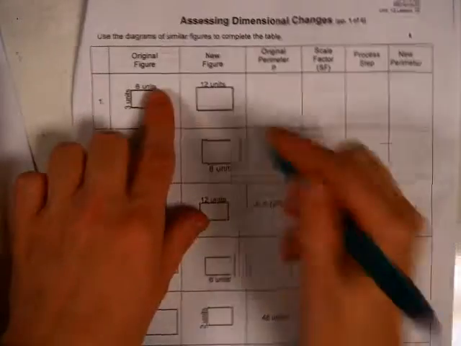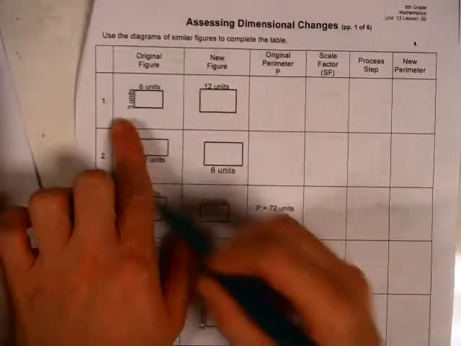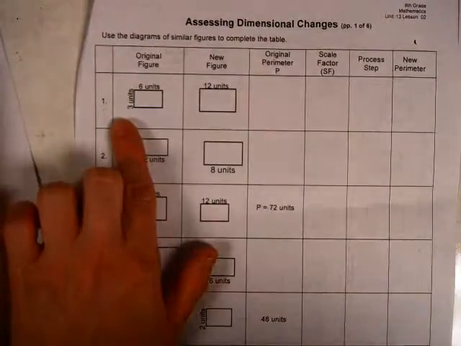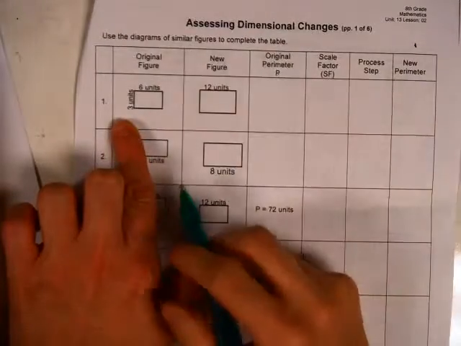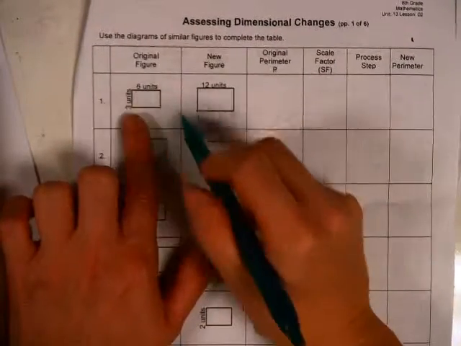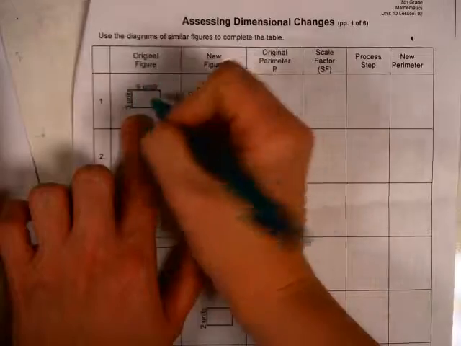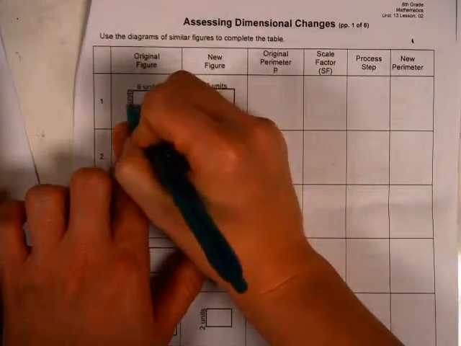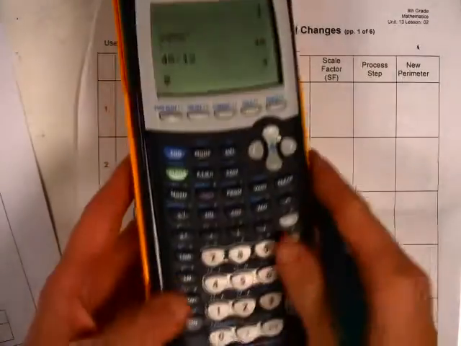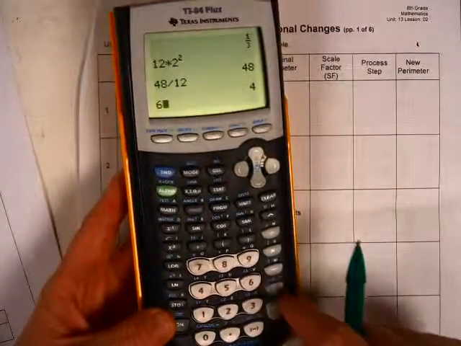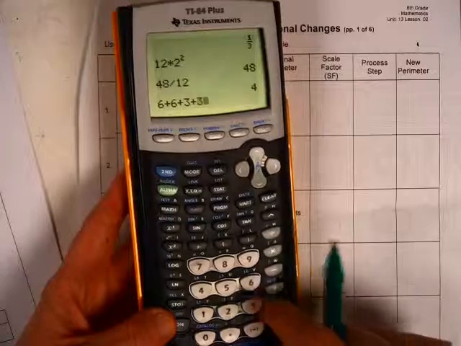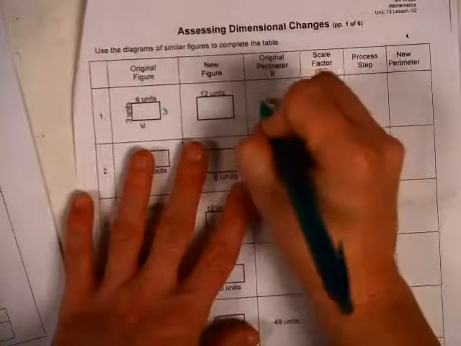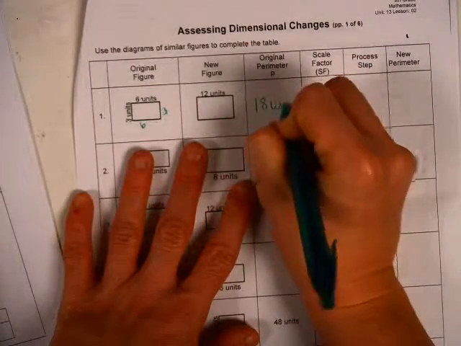I think you're quite capable of it. So first you have to find the perimeter of this first shape, because it says original perimeter. So this is the original figure, you have to find the perimeter. How you find perimeters, you add all the sides. So 6 plus 6 plus 3 plus 3. You can use your calculator. And you get 18 units.